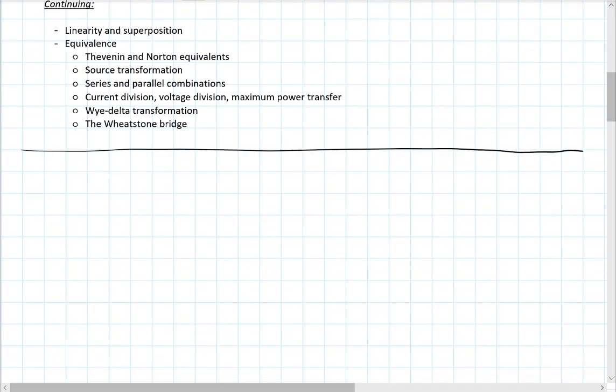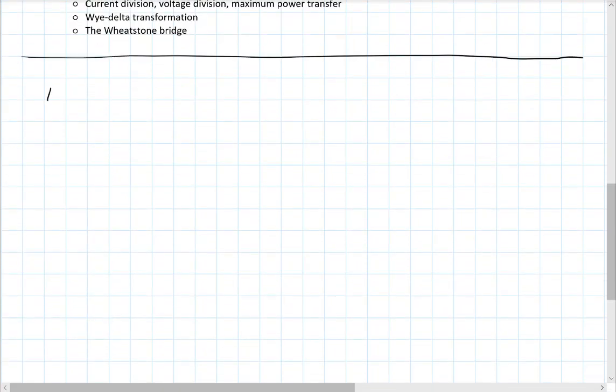So we saw that a linear circuit, so a circuit that had linear resistors and linear dependent sources as well as independent sources, if you took such a circuit, looked at it between 2 points, 2 nodes, from the outside, you could essentially replace the whole thing with a Thévenin equivalent. And that would look like this.